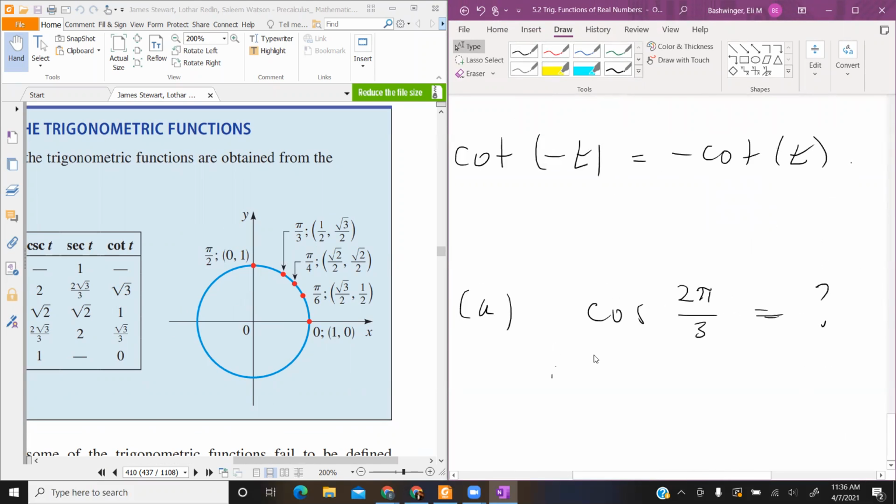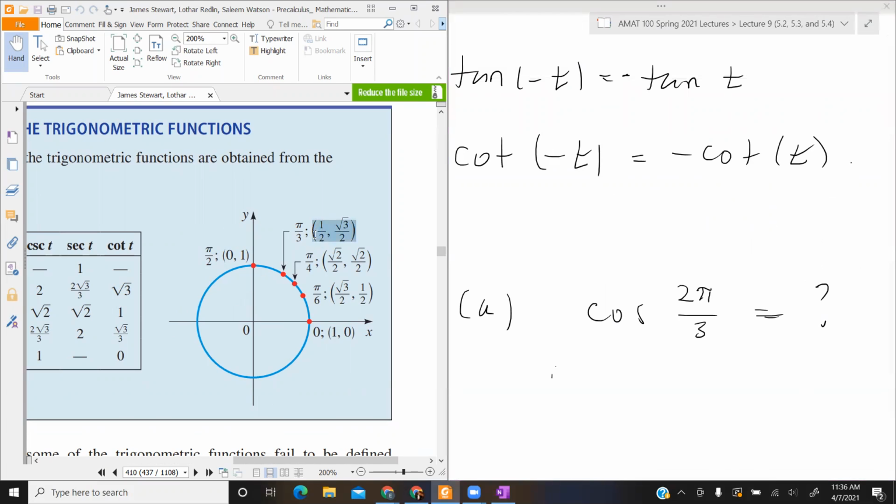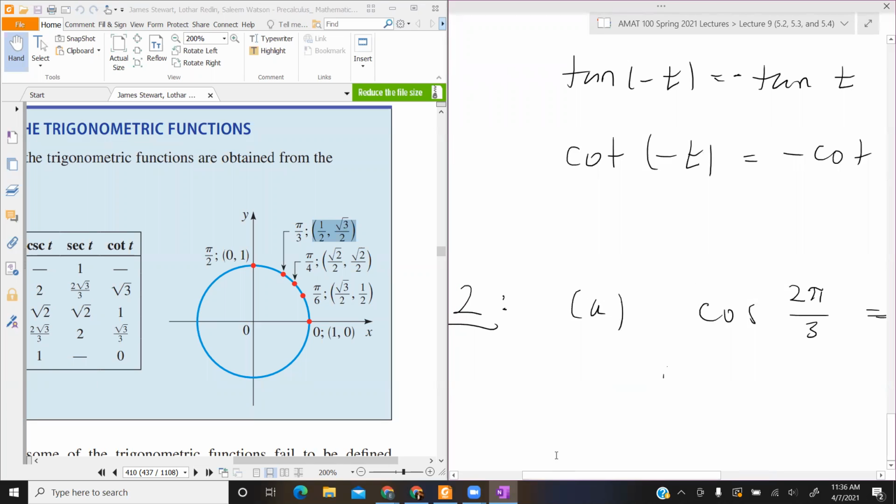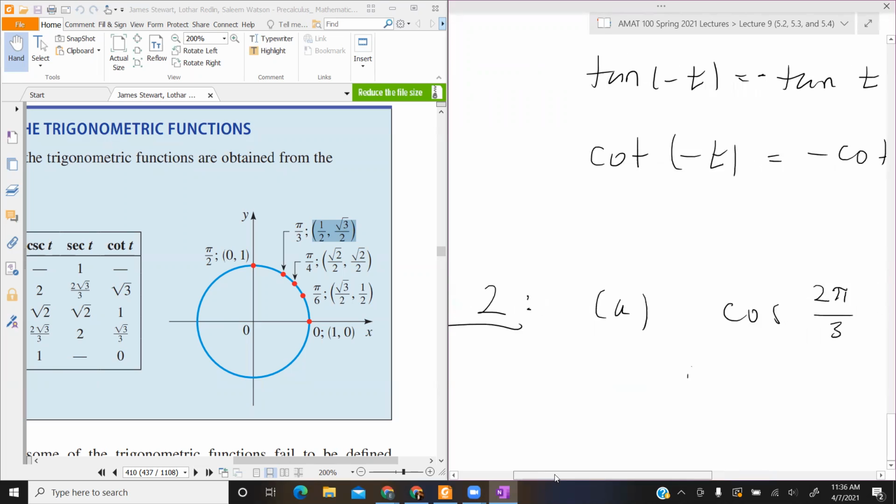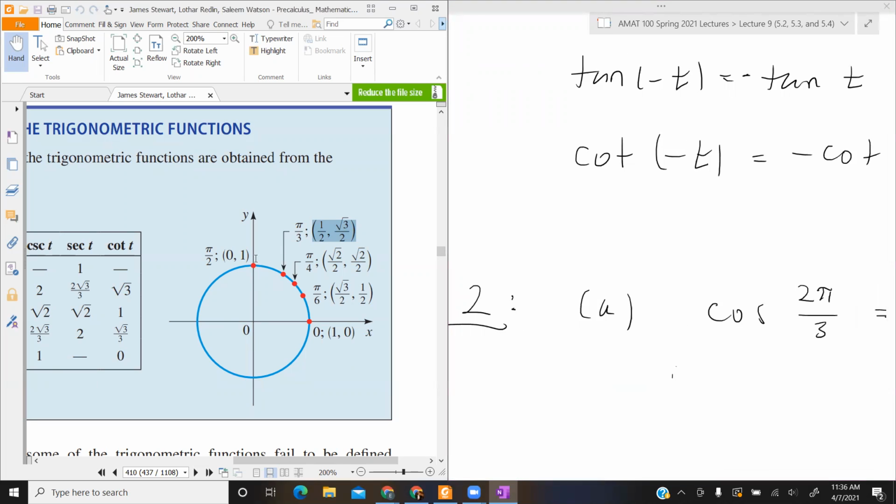We are interested in cosine of 2 pi over 3. We have a pi over 3 in here, so it should be some variation of this coordinate. But we have to figure out what quadrant we're in. To determine the quadrant, we need to compare it to values like pi over 2, pi, which isn't drawn here, 3 pi over 2, and 2 pi.